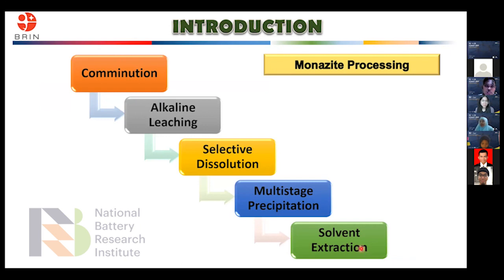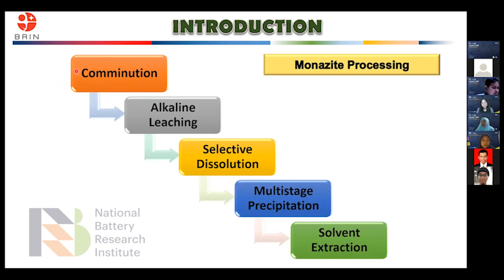Research at the Center for Nuclear Mineral Technology, National Nuclear Energy Agency, or PTBGN Batam, has succeeded in separating rare earth elements as hydroxide compounds with 85% recovery through this process. This process starts with comminution.